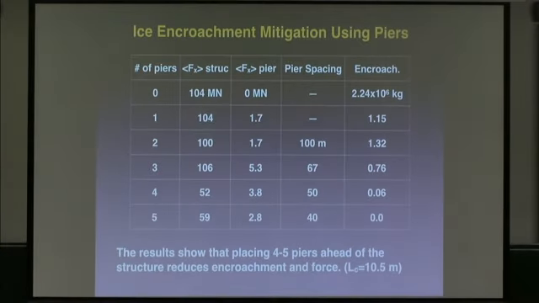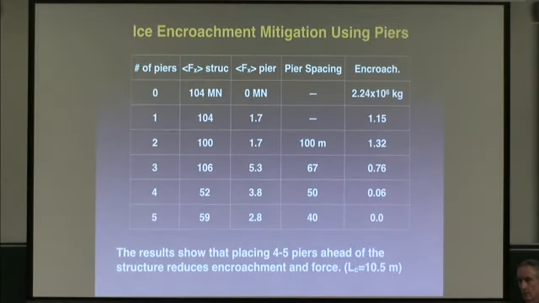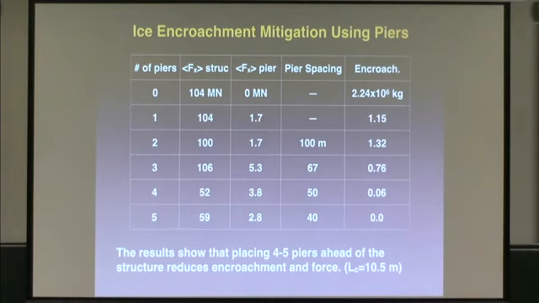I don't know how you break up the distance when you introduce the piles in front of the structure. Well, you've got a 200-meter structure in a 600-meter channel, so there's a lot of ice beside the structure.